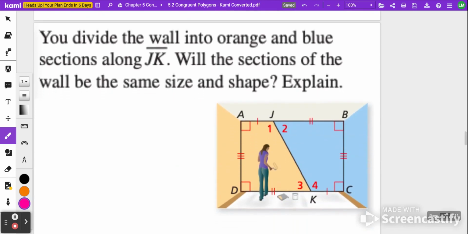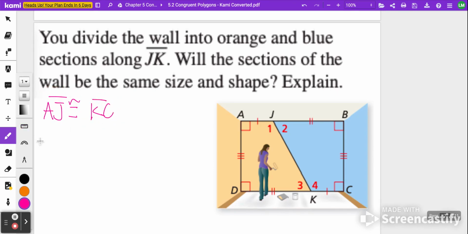Next up, you divide the wall into orange and blue sections along line JK. Will the sections of the wall be the same size and shape? Explain. So one thing we want to make sure of is we're noticing that this is now showing a congruent figure, and we're showing that they're marked with tick marks. So you can say that AJ is matching with KC.